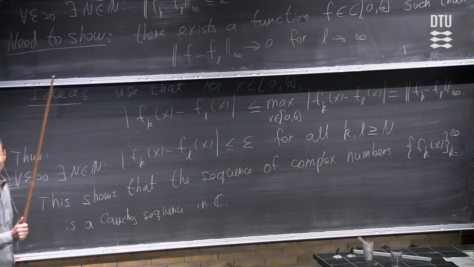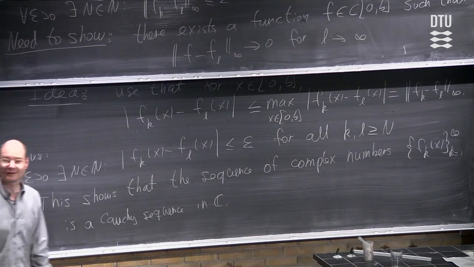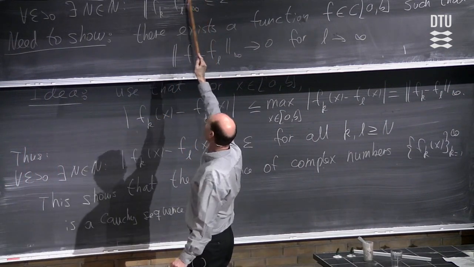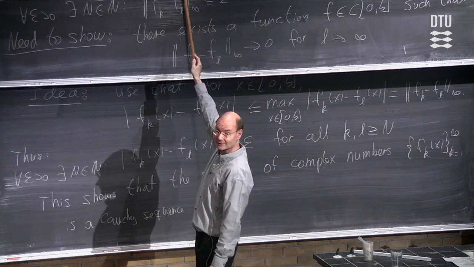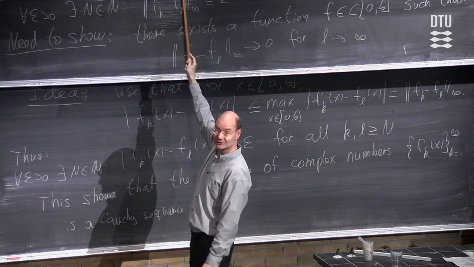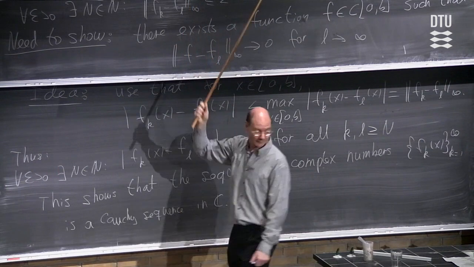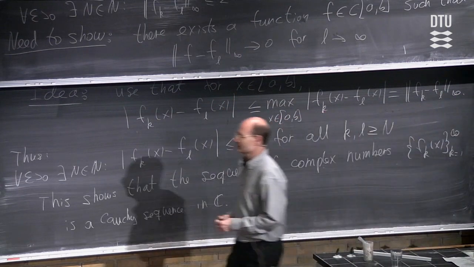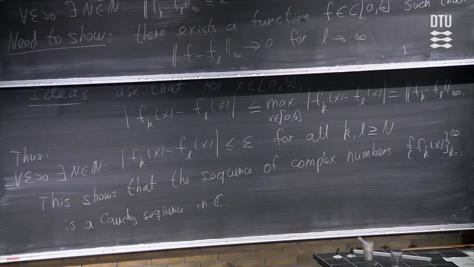We know that C is a Banach space. This is what we wanted to state up here. So this is a Banach space. So this means that all Cauchy sequences in this space are convergent. This means that this sequence is convergent. So I'm sorry that I have to move here.